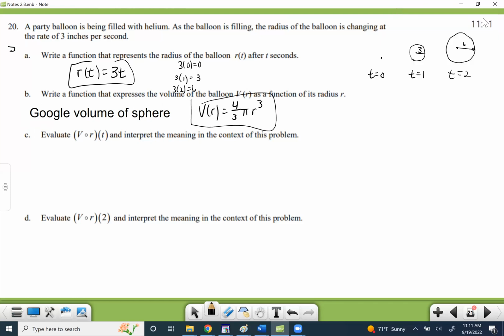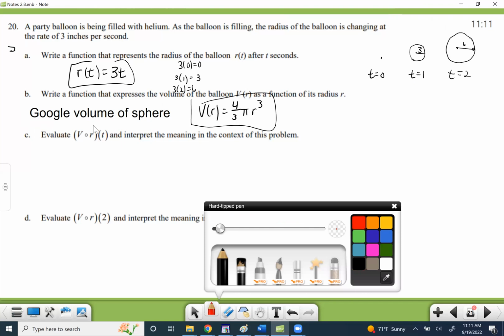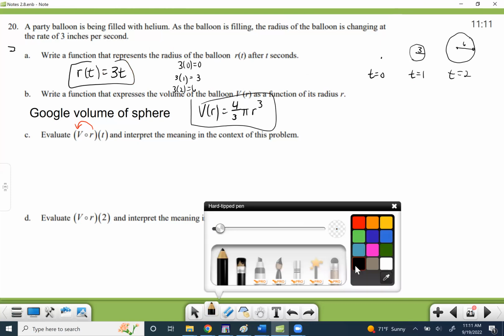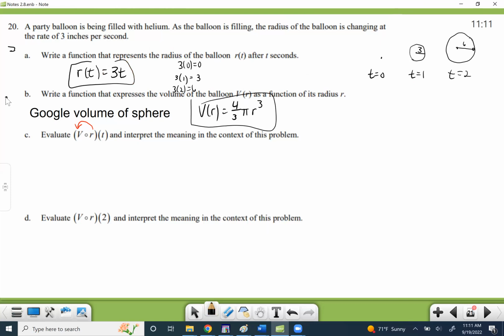It says evaluate V compose R of T and interpret the meaning in the context of this problem. So we know that R is going to get plugged in to V. That means we're going to take this function and substitute it in for the R. So let's do that.